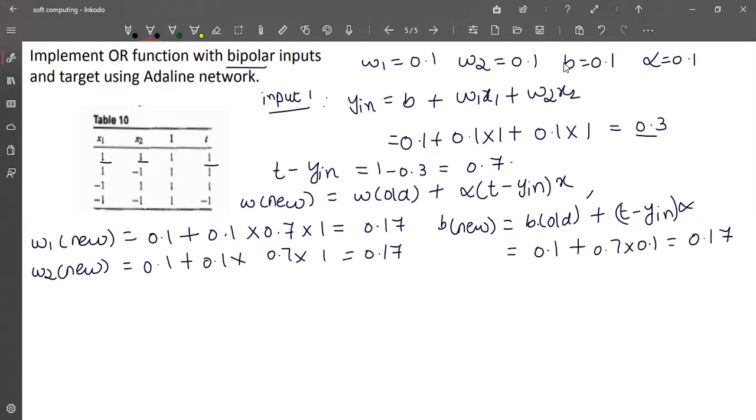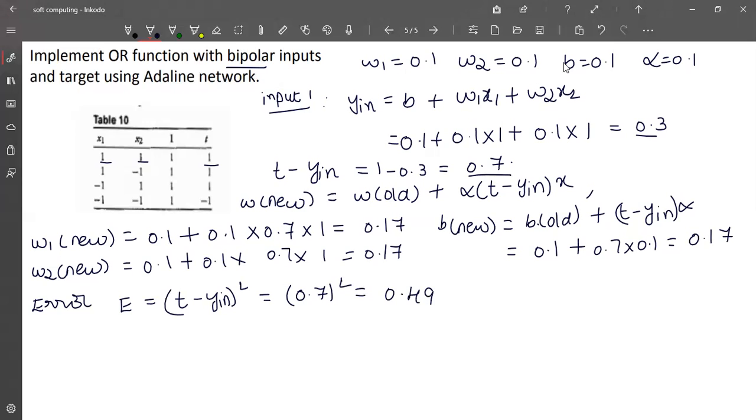And the next step what we calculate is we have to calculate error. We have error E is equal to t minus yn whole square. So t minus yn is 0.7. So 0.7 squared is 0.49.